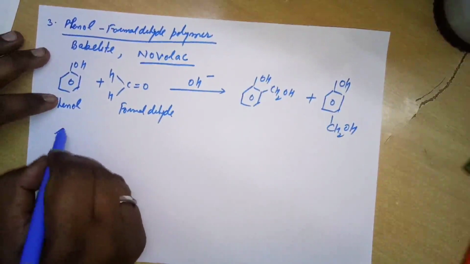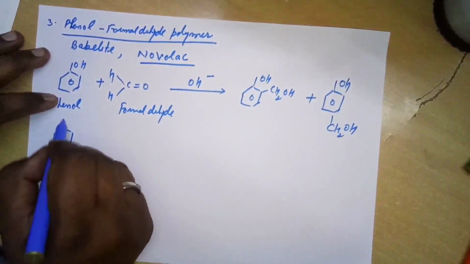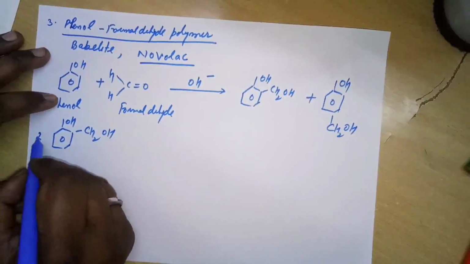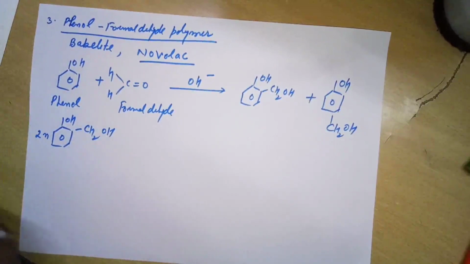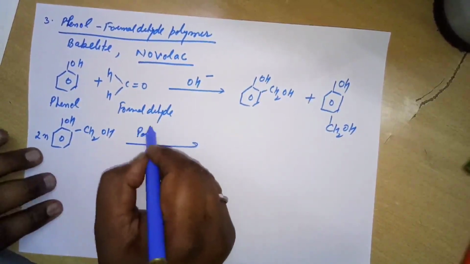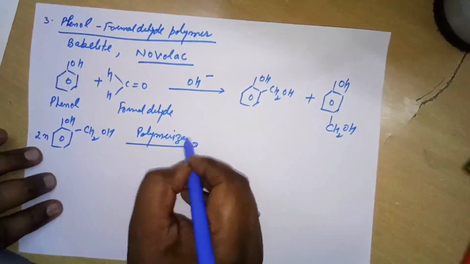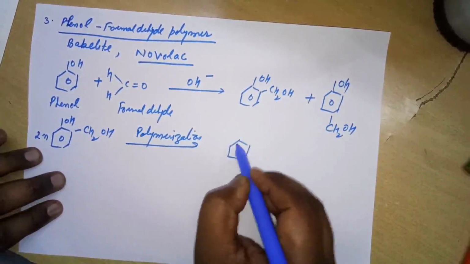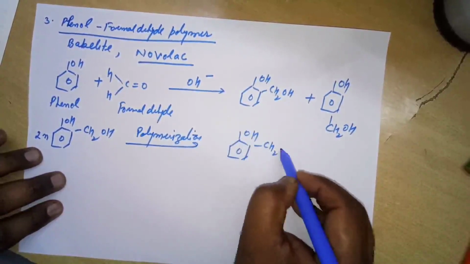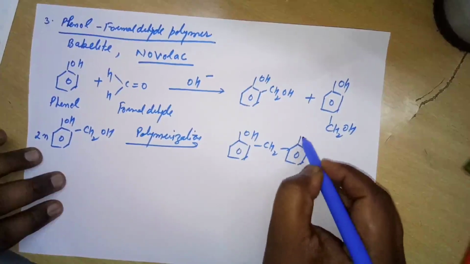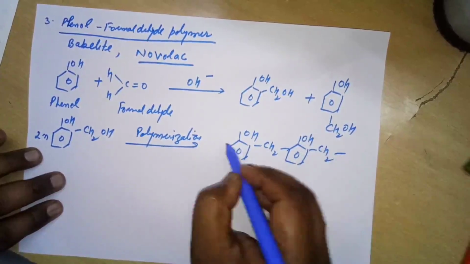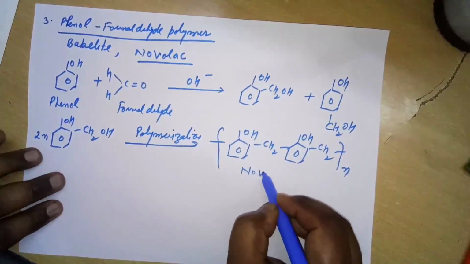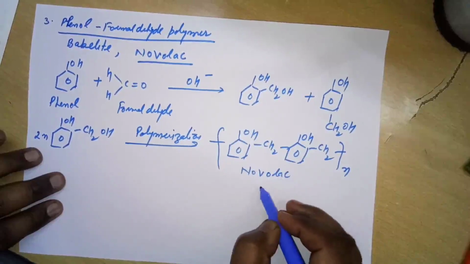Now this ortho-hydroxymethylphenol undergoes condensation to give novolac. This is novolac, which is a linear polymer.